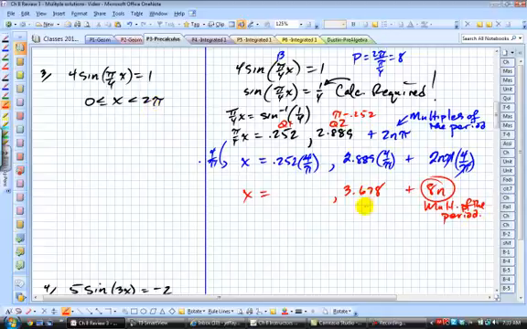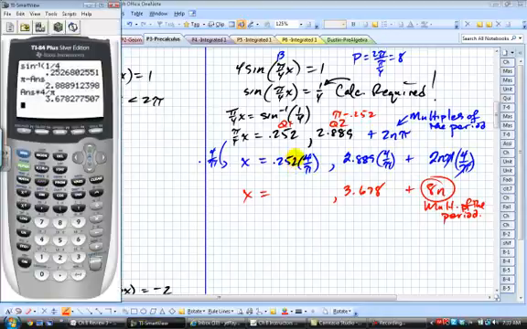So I've got a solution here, and I've got to figure out my next solution. What I need to do is recall this 0.252, which is right up here. So I got 0.25268, that's enough digits to be accurate enough, times 4 divided by pi.